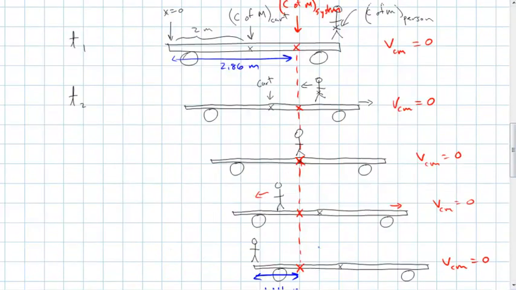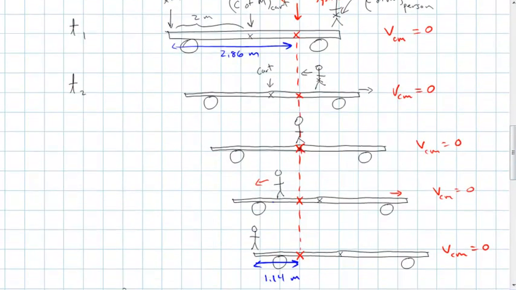And what you'll notice from looking at these two images is that the left edge of the cart started out 2.86 meters to the left of the red dashed line. And the red dashed line represents a fixed place on the ground. The center of mass of our system never moved with relation to the ground.